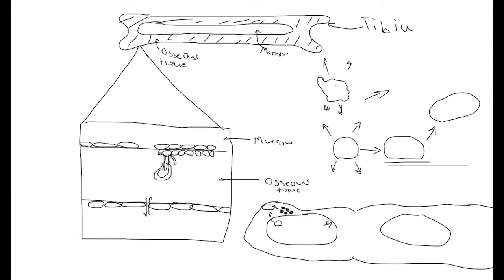But the important part is that it has the potential to differentiate into this type of cell that is present in osseous tissue. And this cell in osseous tissue must first be activated before it can do its primary job. And this is what the cell looks like. It's kind of like this. So it has these processes coming down. Not necessarily this many, I'm just drawing this many to show that there are processes.